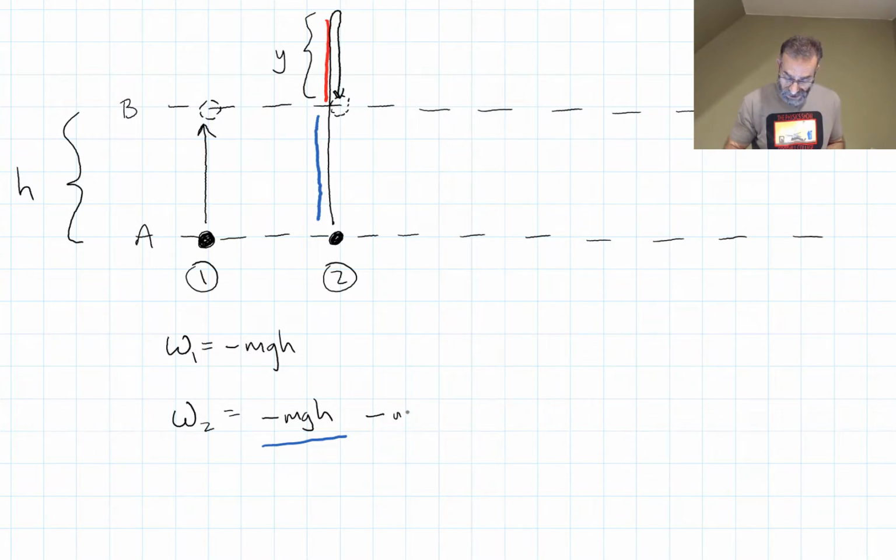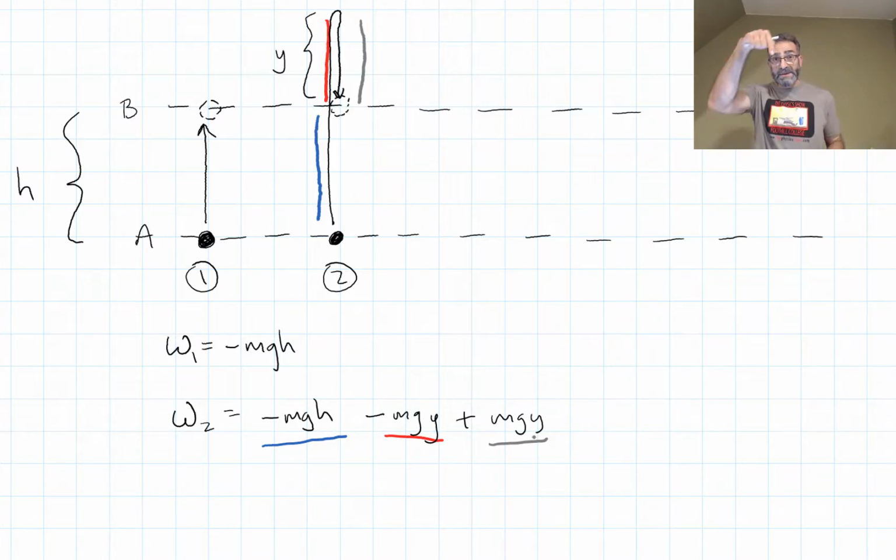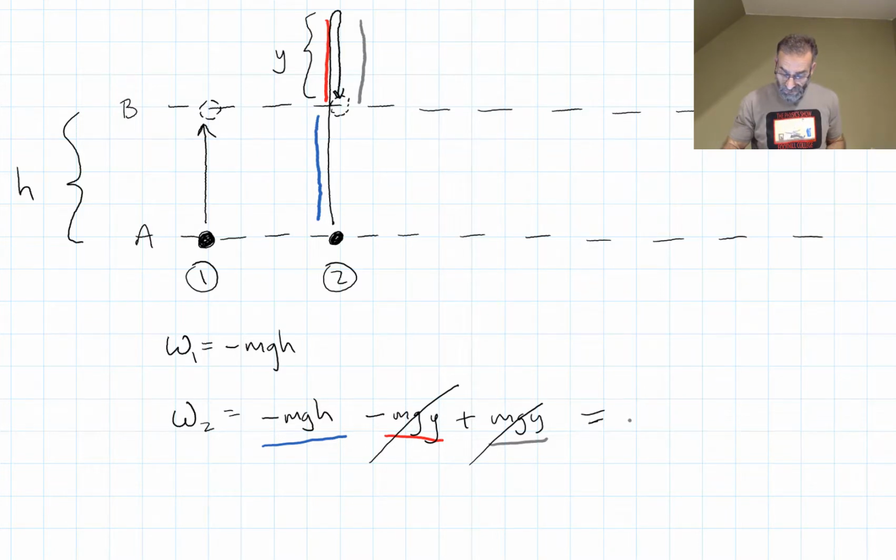So that's going to be minus mgy, minus, because the object is going up and the force of gravity is down. And then we have one more leg we have to draw in there. I'll use gray. And that's going to be plus mgy, because the force of gravity and the displacement are in the same direction. So we get a cosine 0 degrees, we get plus. And these cancel out, and we get the same amount of work done as we got in path 1.